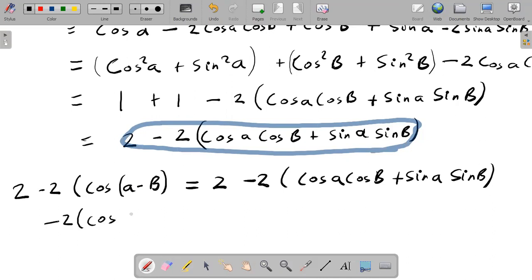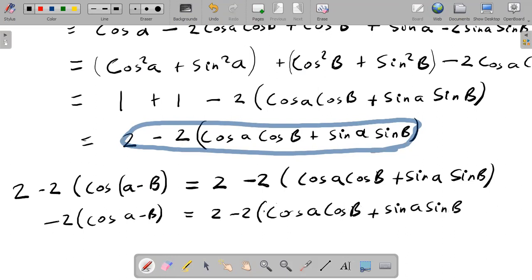Minus 2 cos alpha minus beta is equal to 2 minus 2 bracket cos alpha cos beta plus sine alpha sine beta minus 2 that we have transposed, which means 2 minus 2 is going to give us a 0, right?